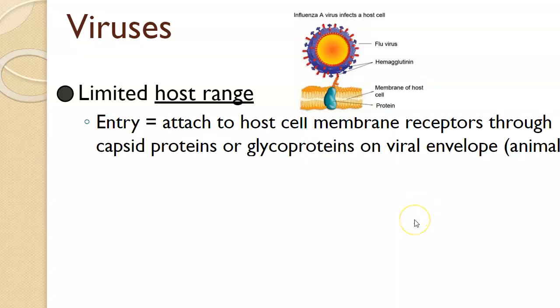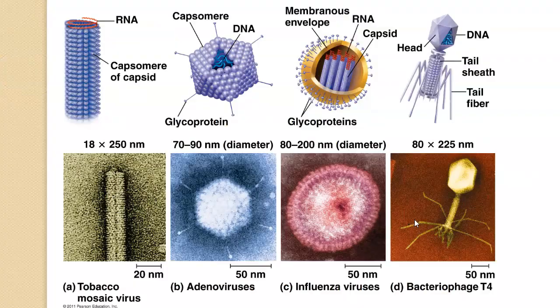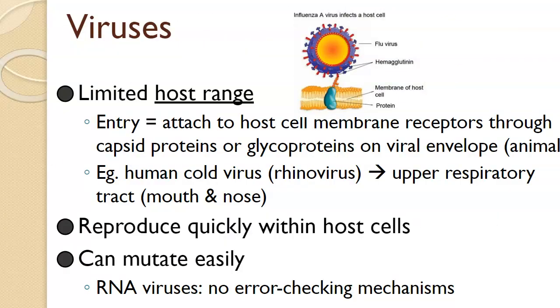So they have a limited host range, meaning they cannot travel indefinitely outside of a host, which is what I meant when I said they can't really live by themselves. They attach themselves to the host membrane receptors.